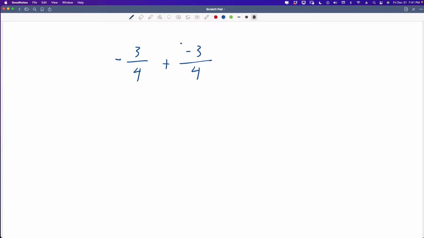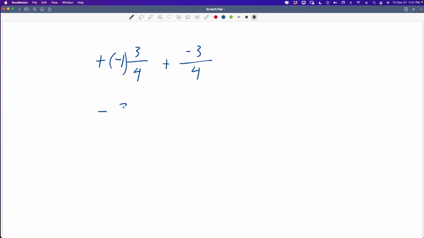But what we're actually doing when we do that is we are taking this negative 1 that's out front, asking for the opposite of this, and we are multiplying it times the numerator. So this is actually plus negative 1 times 3/4.